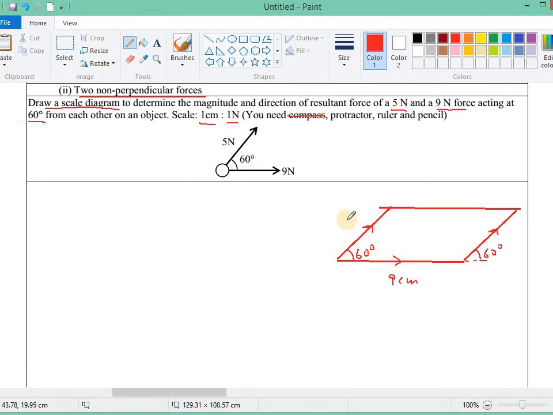So this is 5 centimeter, this one also 5 centimeter, and this one will be 9 centimeter. After we get this, we draw a diagonal line. The length of this diagonal line will represent the resultant force. For the direction of the resultant force, measure this angle using your protractor.